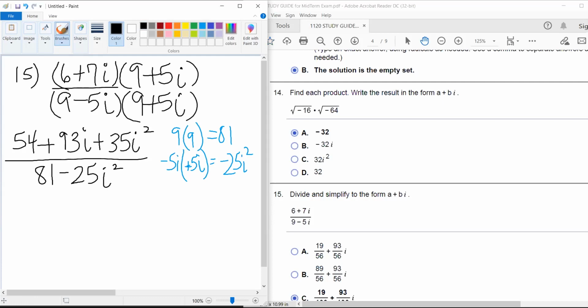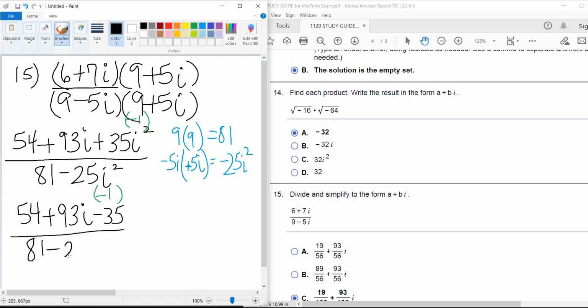Our next step is to replace each I squared with negative 1. So that gives us now 54 plus 93i minus 35 all over 81 minus 25 times negative 1.